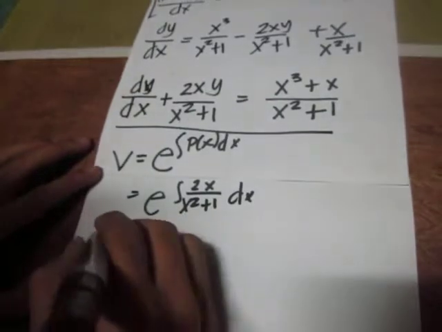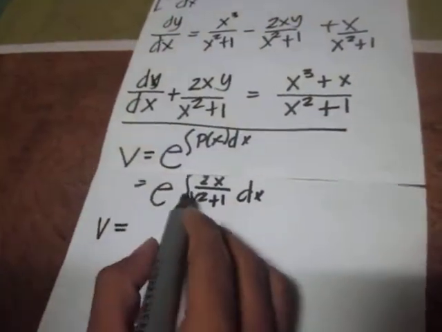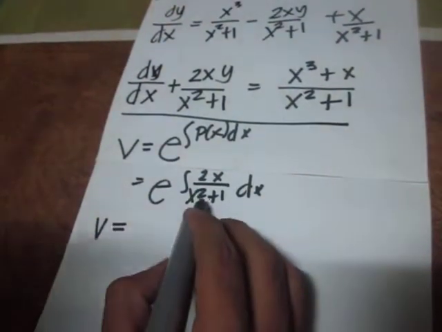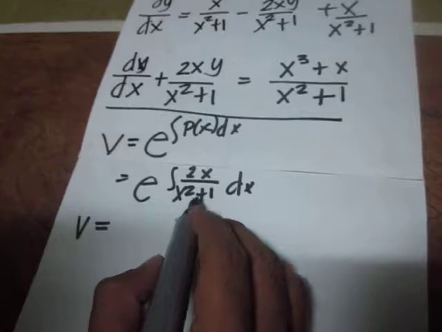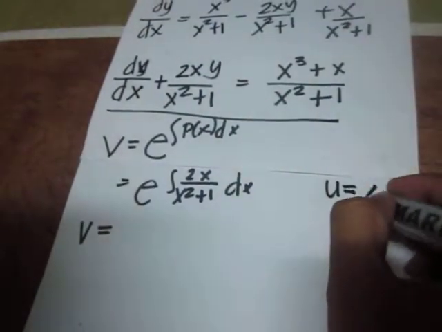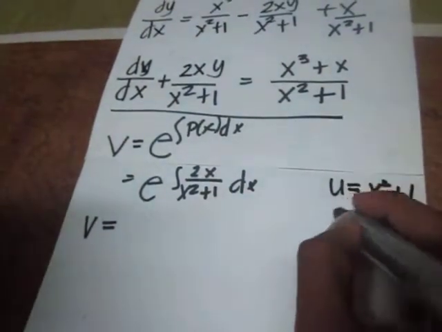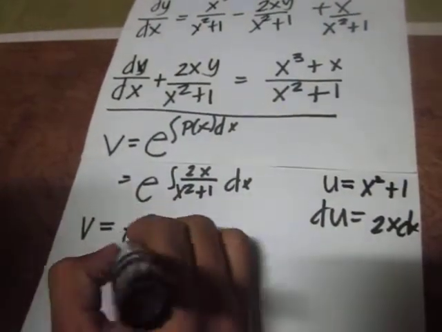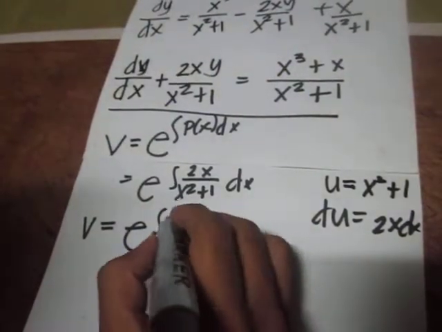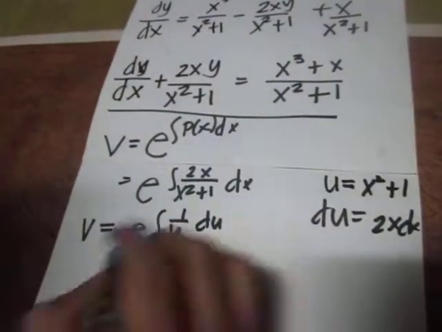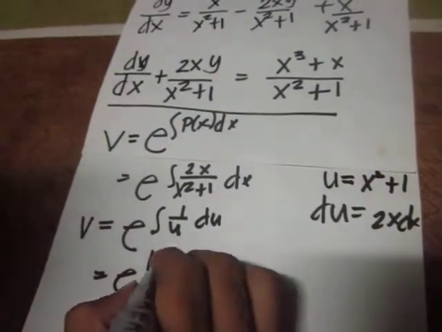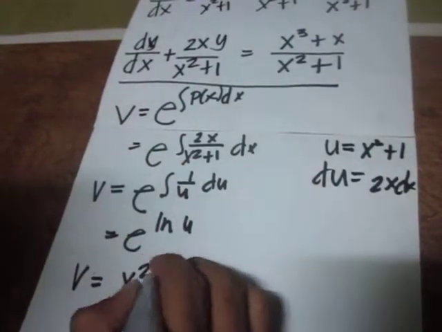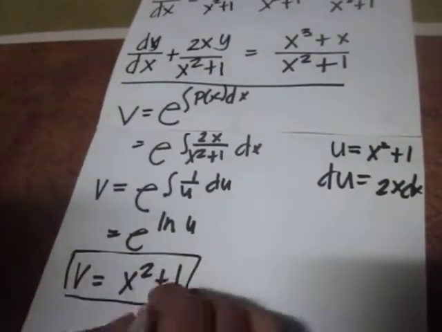So we have v is equal to, in order to evaluate this integration, we let u as x squared plus 1, so du is equal to 2x dx. So therefore we have e to the integral of 1 over u du, which is e to the ln of u, so v is equal to x squared plus 1. So this is our integrating factor.